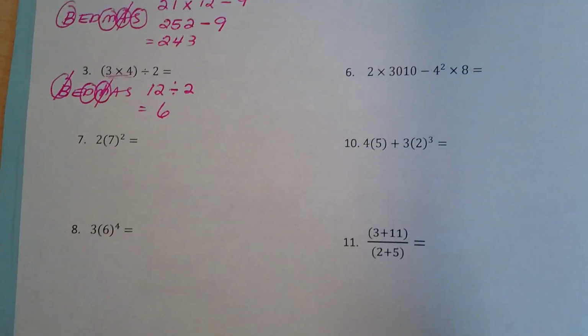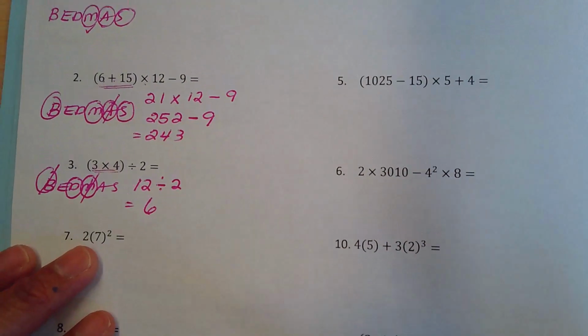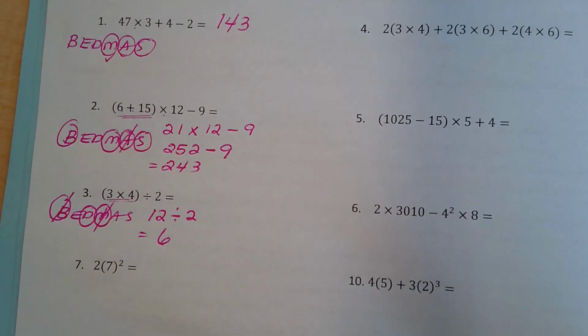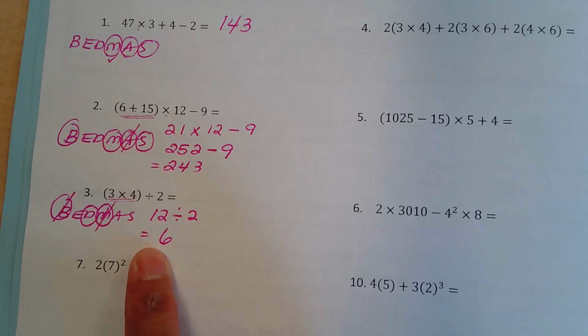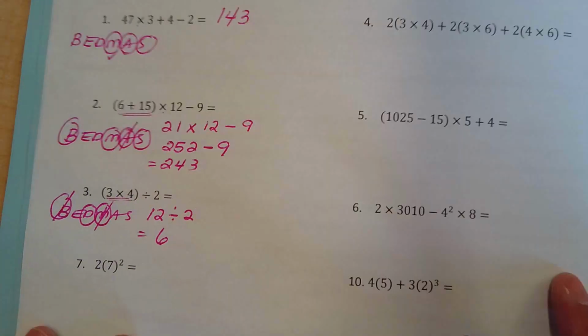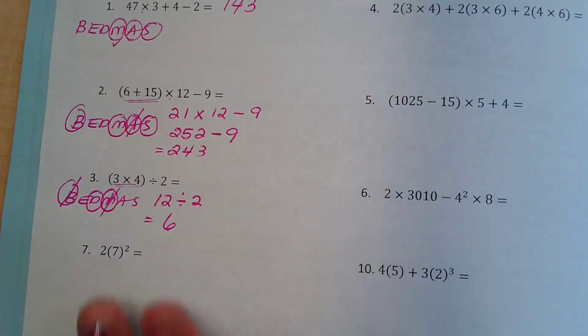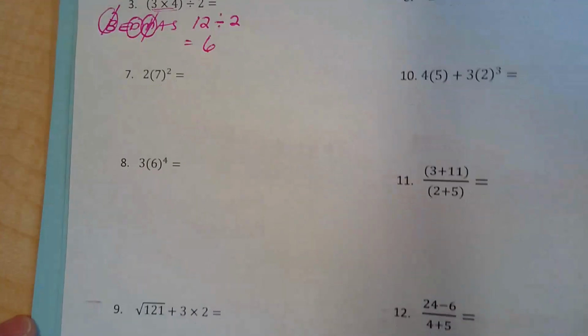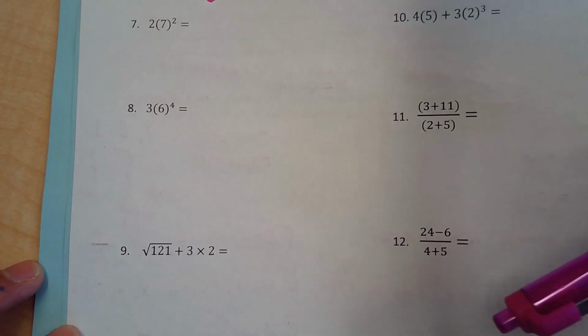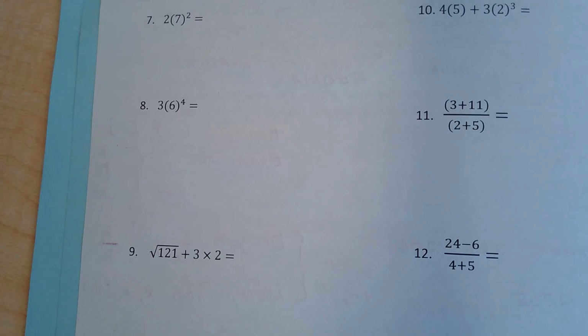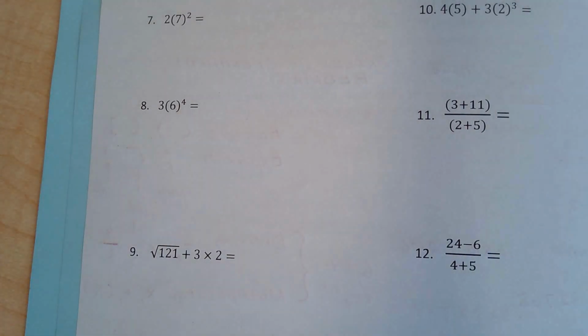Oh, this is kind of wacky. This is 1, 2, 3, and then 7. Do you want to just go straight down? Okay, go straight down. Just type it into your calculator, and I'll explain how the calculator is doing those math.